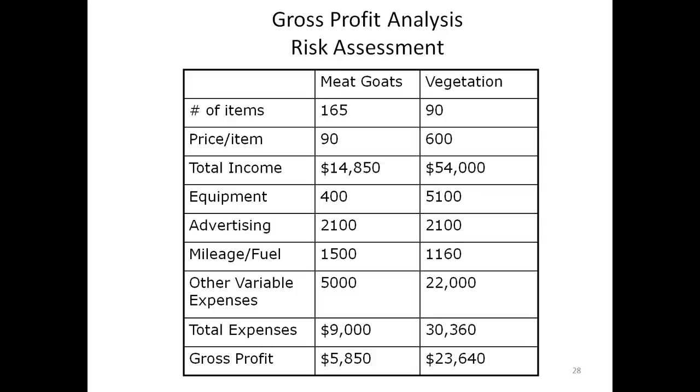So the gross profit analysis helps you look at that and see, as we talked about before with the sensitivity analysis, is your enterprise really sensitive to price, production level, or in this example, it's tied back to the money you have to invest to get your return, the gross profit that you planned. So it's just another way of looking at the potential risk of that enterprise.